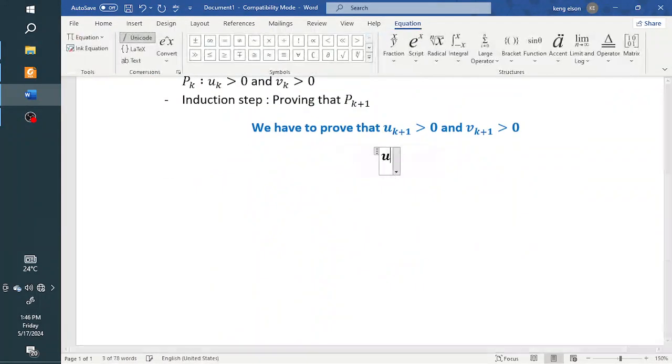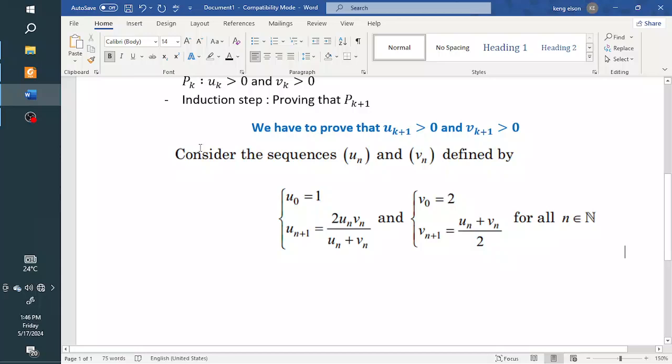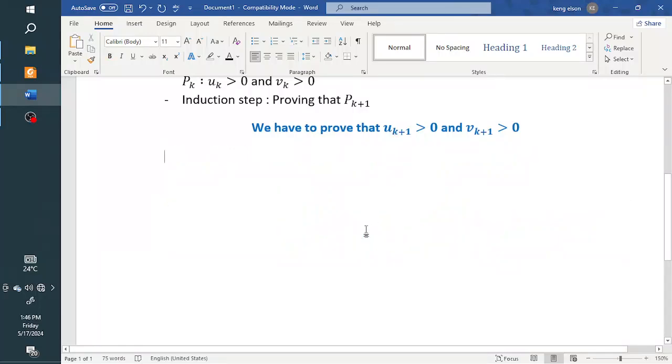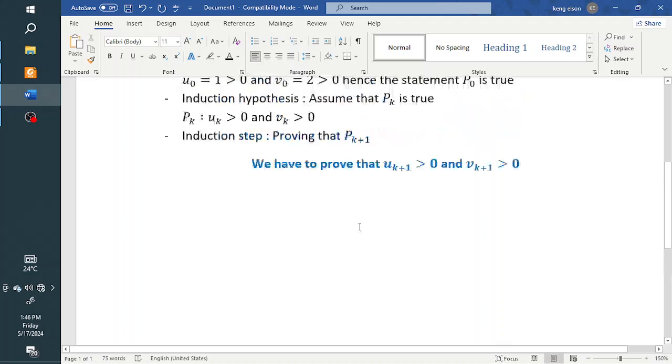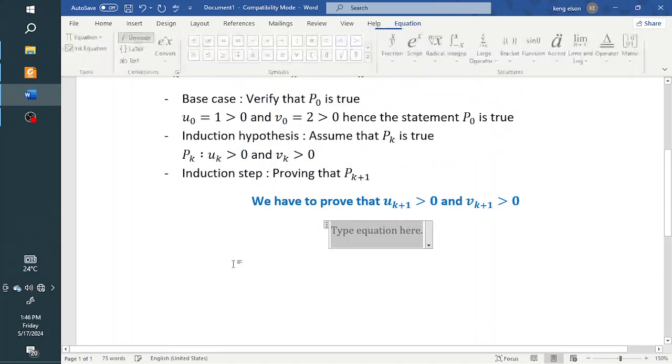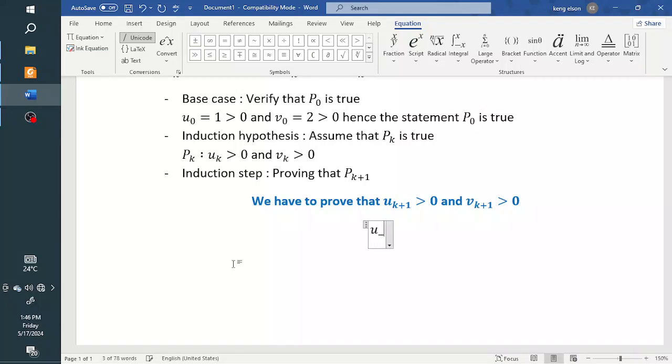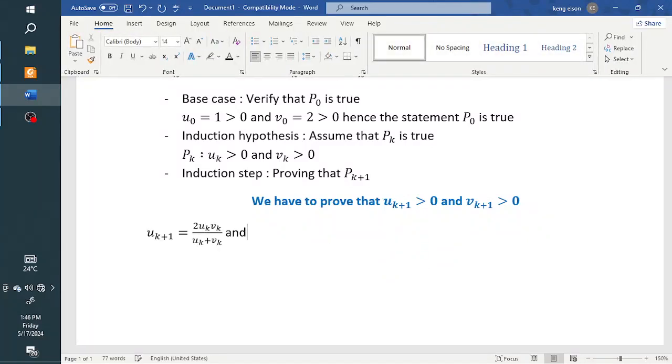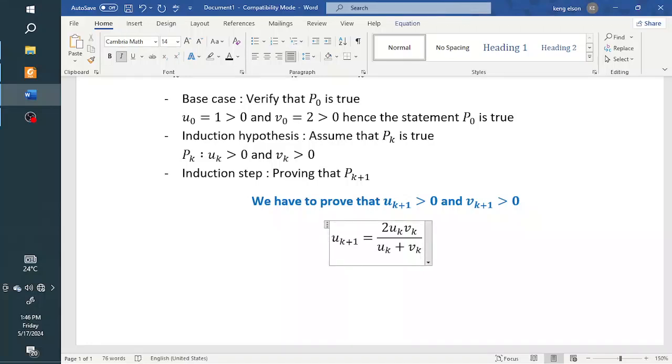So uk plus 1 is equal to 2 times uk times vk divided by uk plus vk. So this is uk plus 1.